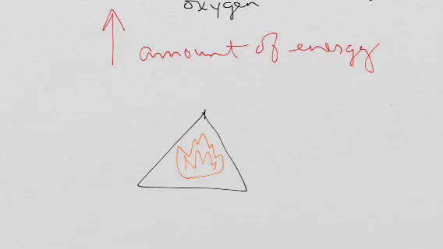Now, one of the things that needs to be present in order for a combustion reaction to occur is an oxidizing agent. And that is normally in the form of air, because air has oxygen in it.